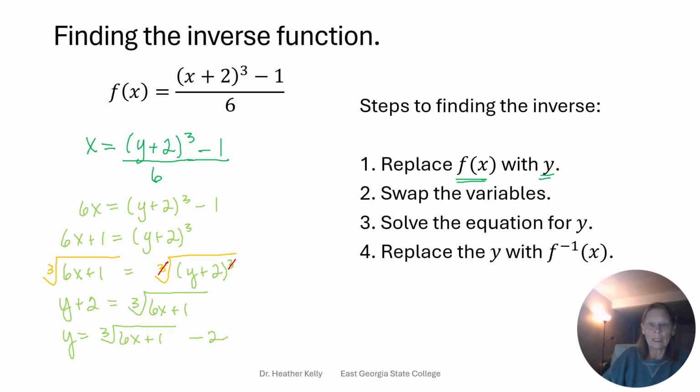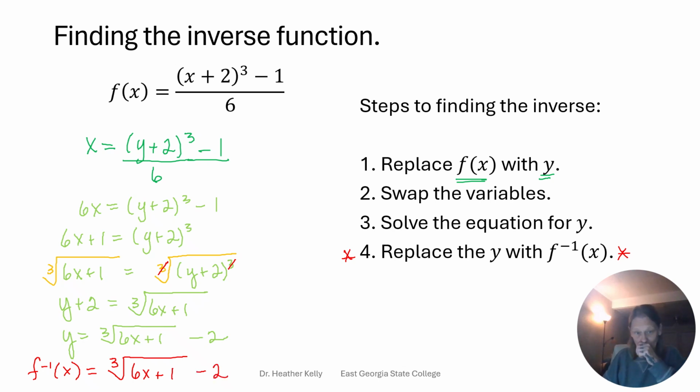And then finally, the last step, which is the step a lot of students skip, but it's super important because these two functions are related to each other, that you denote it so that we know that these two functions are related to each other. So the final step here would be f inverse of x is equal to the cube root of 6x plus 1, minus 2.